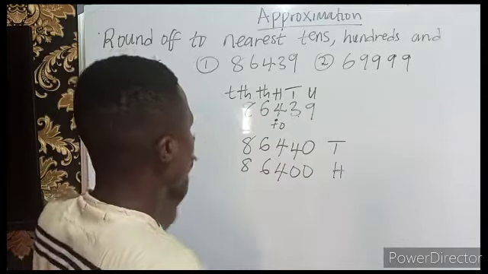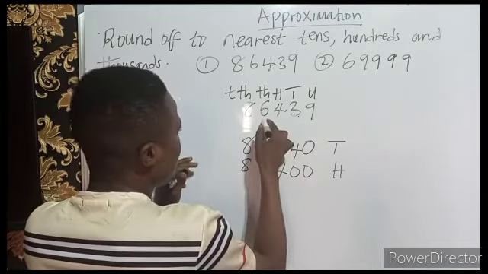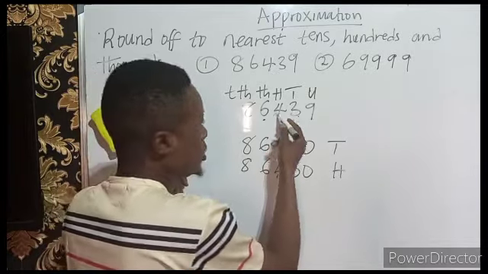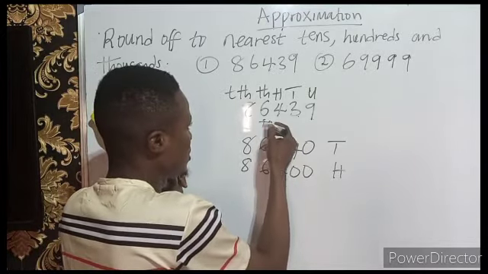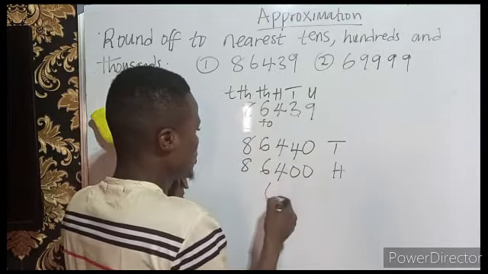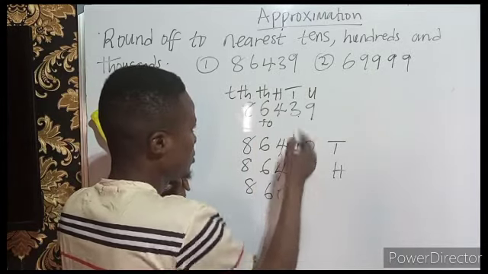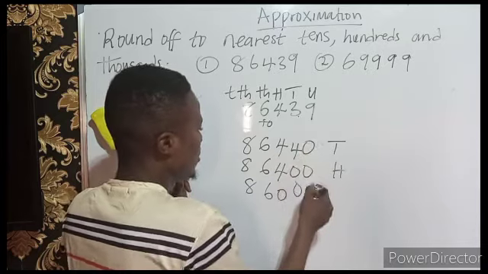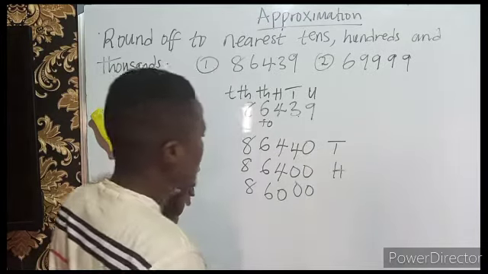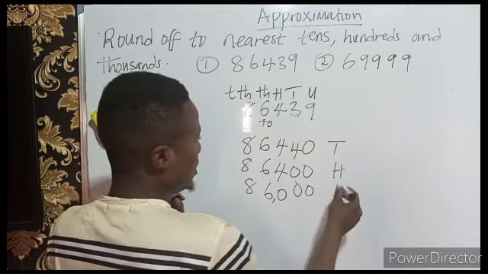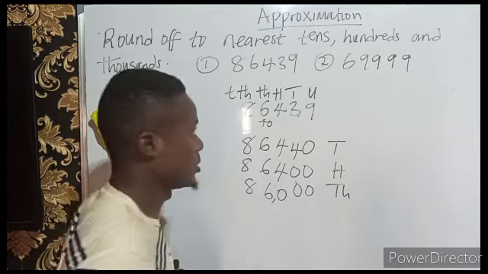Then to the nearest 1000, this is now my target for the nearest 1000, and the number next to it is not up to 5. So I'm still adding 0. When I add 0 to 6, it will still be 6. Bring down 8. Every other number turns to 0. Okay, so you see that the answer is 86,000 here to the nearest 1,000.